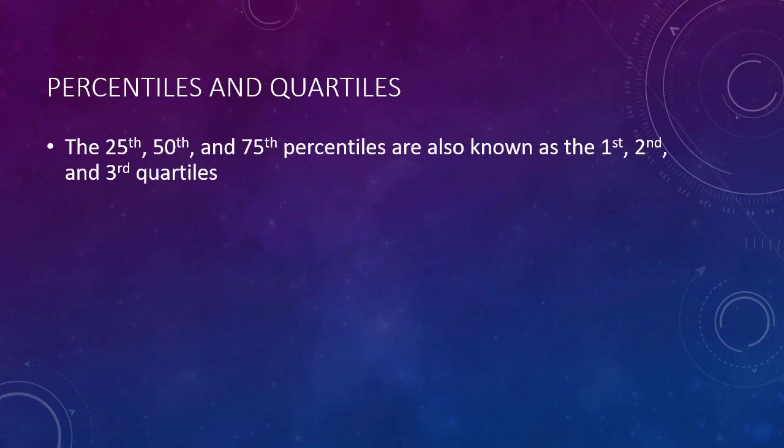The 25th, 50th, and 75th percentiles are known as the first, second, and third quartiles. That is, the first quartile is above 25% of the scores in the distribution. The second quartile is above 50% of the scores. And the third quartile is above 75% of the scores.